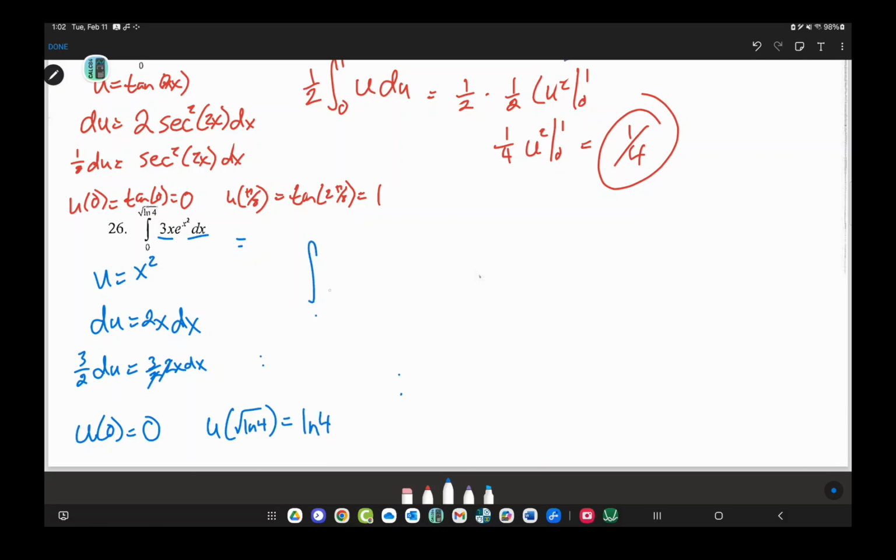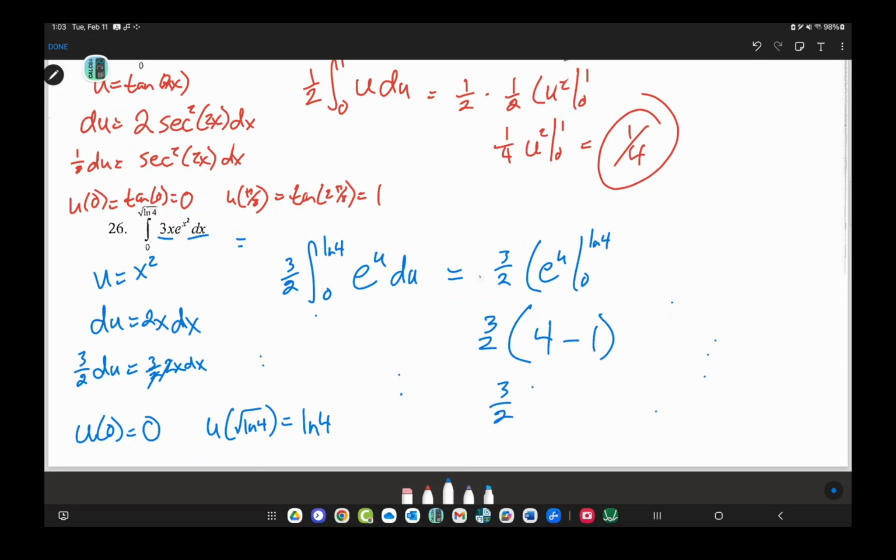So I'm just going to integrate from 0 to the natural log of 4 of 3/2 of e to the u du, which is real nice, because it's 3/2 of e to the u from 0 to natural log of 4. Natural log of 4, if I plugged it in, I would just get 4, right? Because that would just cancel out the e. What's e to the 0 power? 1, so 3/2 times 3 is 9/2.